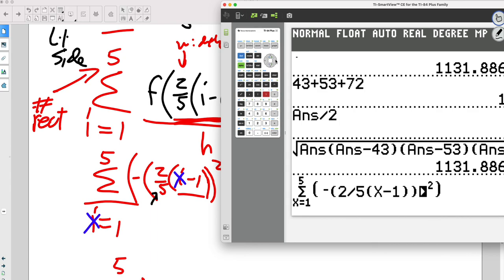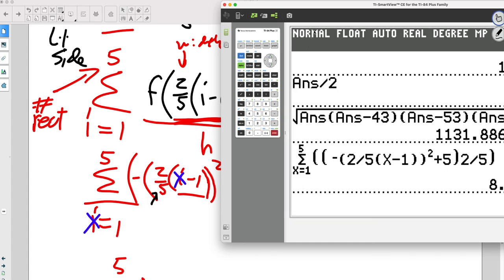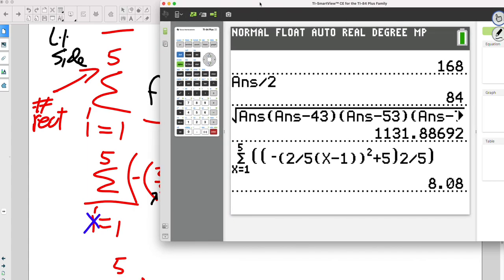Okay? Are we good to there? Yeah. Then we add the 5, n parenthesis times 2/5, and then we should have an n parenthesis there. Hit enter. 8.08.